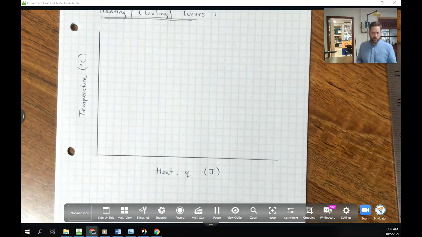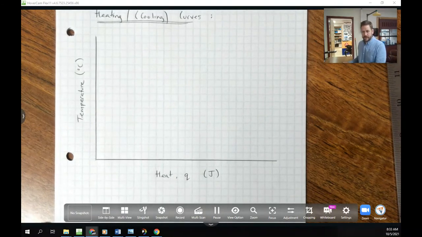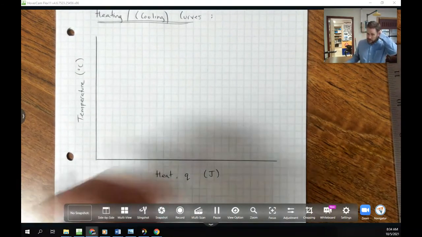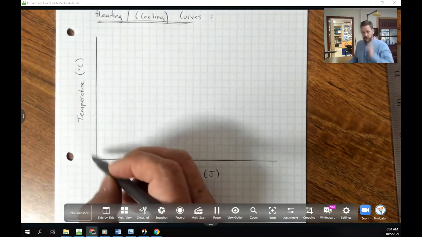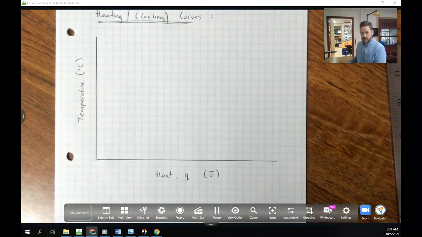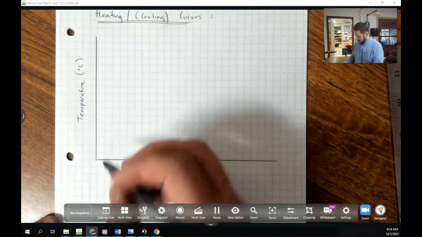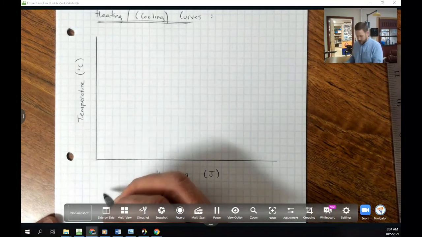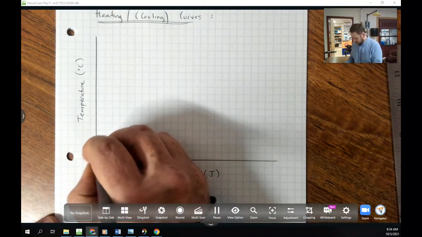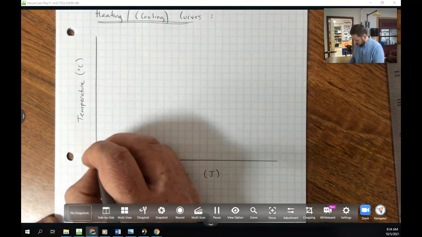And we're going to start off with the temperature being really, really low. Maybe even below zero. So don't assume that this is equal to zero. Maybe this could even, like I said, be a Fahrenheit or a Kelvin scale. I'm going to go ahead and put a beginning of a line right here somewhere, really, really low.